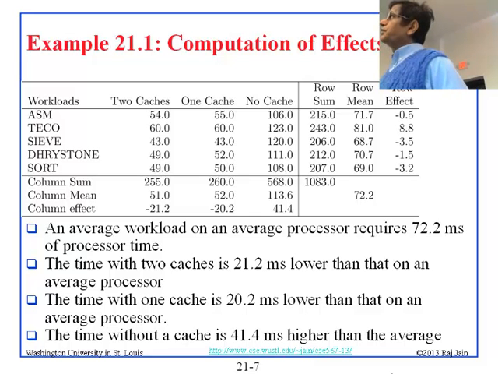So this is mu, and therefore we subtract the 72 to get the effect. When you subtract 72 from 71, you get minus 0.5. Similarly, when you subtract it from 81.2, you get 8.8, and so on and so forth. So this is the effect of this workload, this is the effect of this workload, and so on. And you can see that these effects add up to 0.